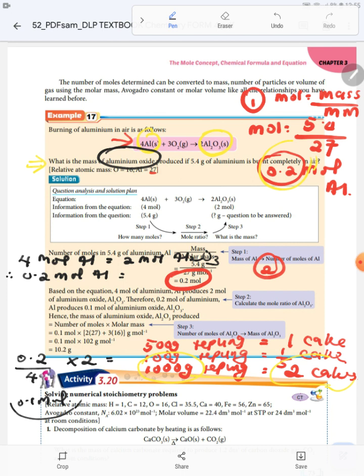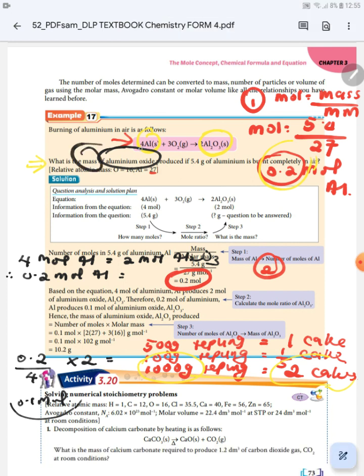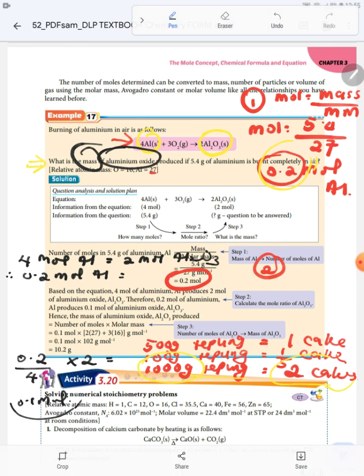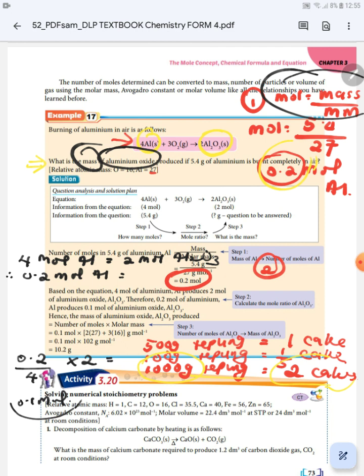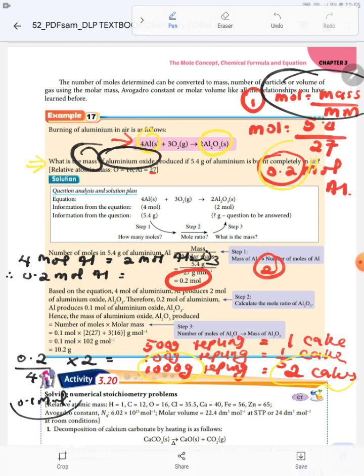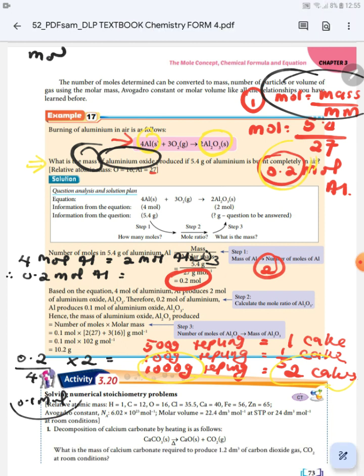That is not the answer, because the question asks you about the mass. Dia nak mass, kita hanya baru dapat number of mole. So macam mana kita nak dapat mass? Kita guna semula this formula. Mole equal to mass over molar mass.